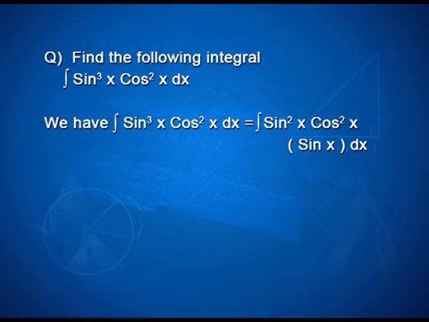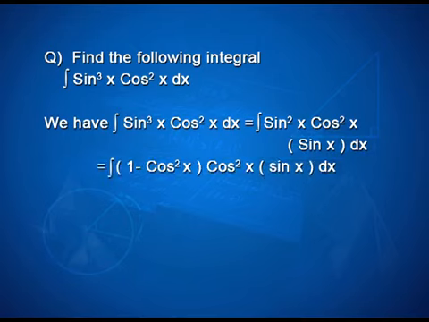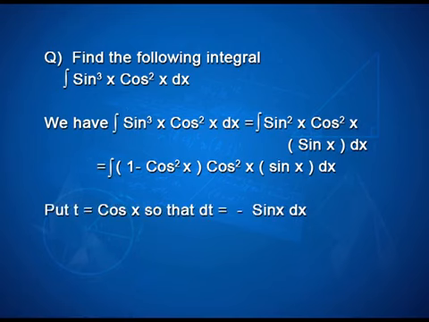Note here, sin cube x is split as sin square x into sin x, because sin square x can be substituted as 1 minus cos square x, giving 1 minus cos square x into cos square x into sin x dx. Here we put t is equal to cos x, so that dt is equal to minus sin x dx.